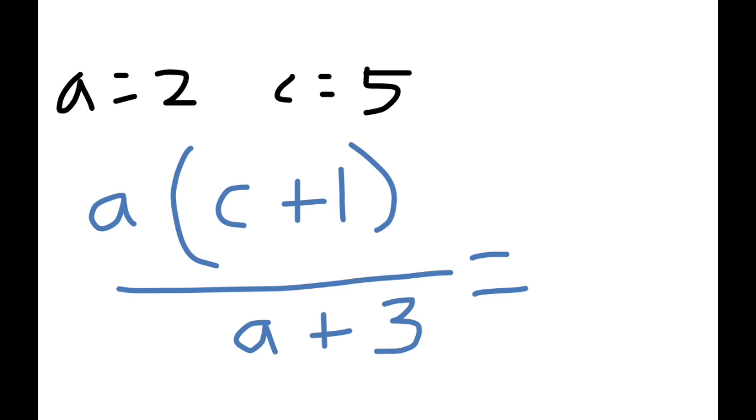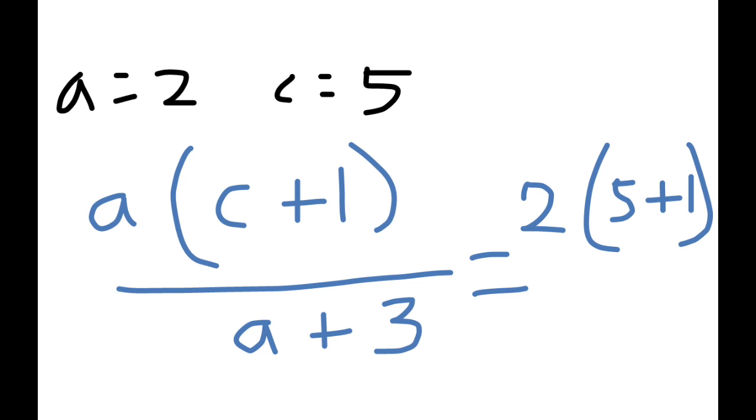Okay, so we're just substituting here, so let's replace the values. So instead of a, we've got 2. Bracket c plus 1, which is 5 plus 1, close bracket, over a plus 3, which is 2 plus 3.